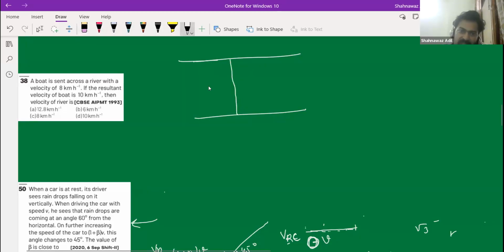Which means that this is 8 kilometer per hour, right? This is the velocity of the boat, and then this is the resultant VBR. So we are not covering the shortest path. This is 10 kilometer per hour. And we want to find out this velocity, VR, which is what? So this is simple, right?